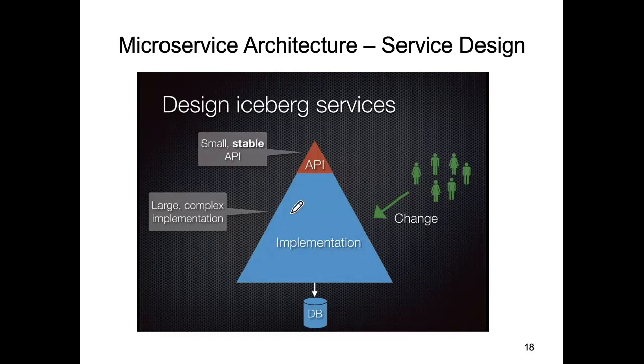For a particular service, you try and make sure that its API or its interface is as small as possible and as stable as possible. I'm not giving you any guidance on it because we don't need to know it essentially, but I'm just making you aware of these things. If the API of a service is small in terms of volume and it's stable, it doesn't change over time, then it doesn't matter how many changes you make to the internal implementation of the service, as long as it doesn't impact the API.